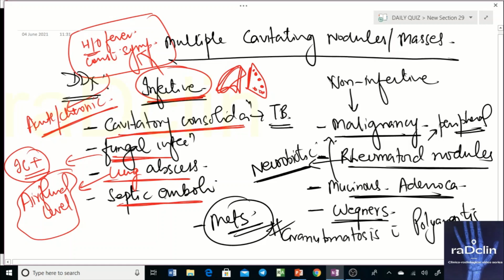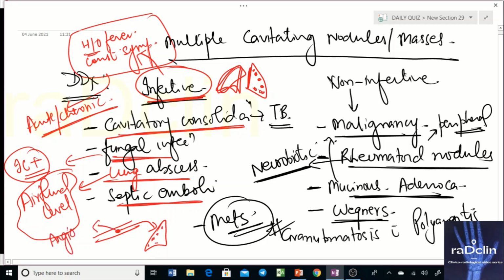And the important thing is that since these are septic emboli, the infective focus has traveled through hematogenous spread and lodged itself into the lung parenchyma. So typically you will see multiple peripheral cavitating nodules.